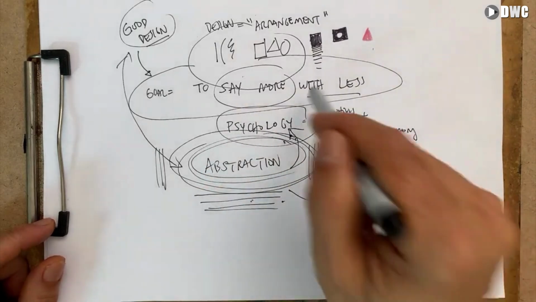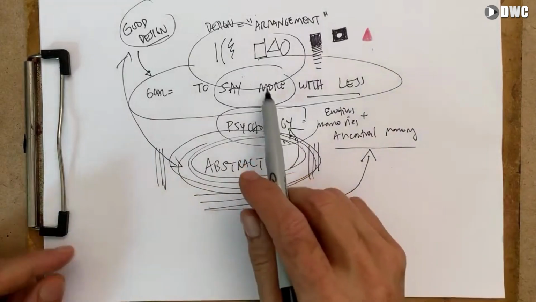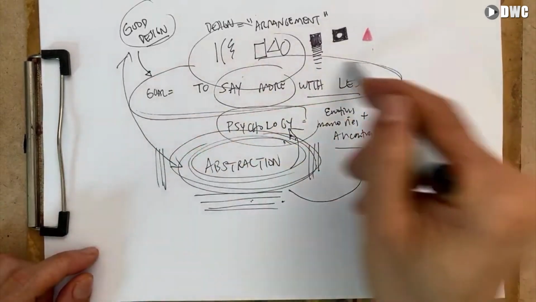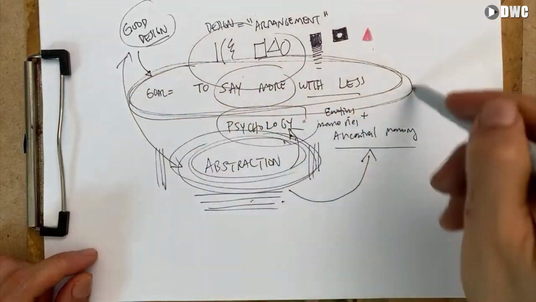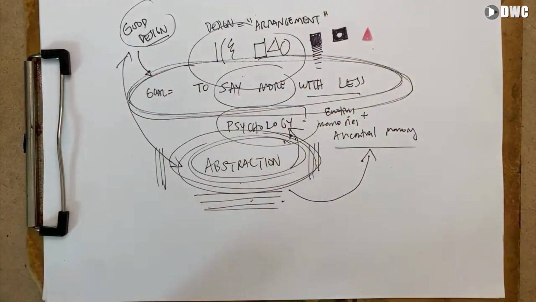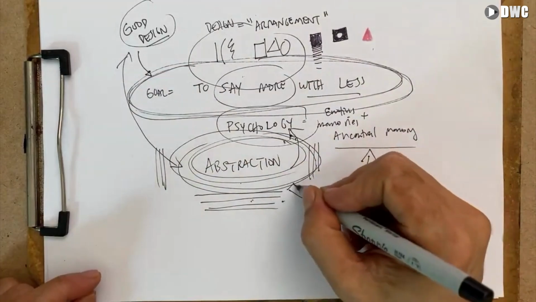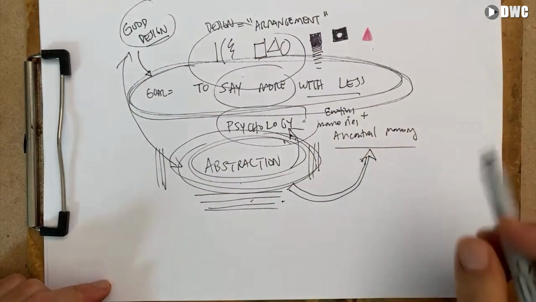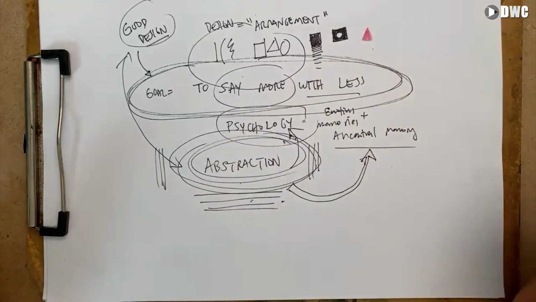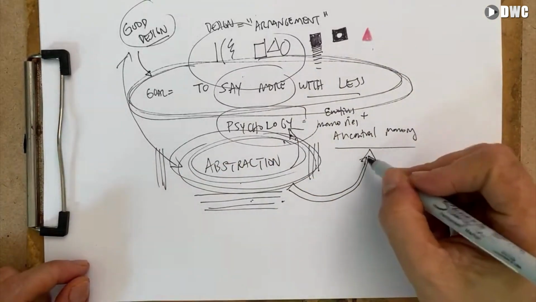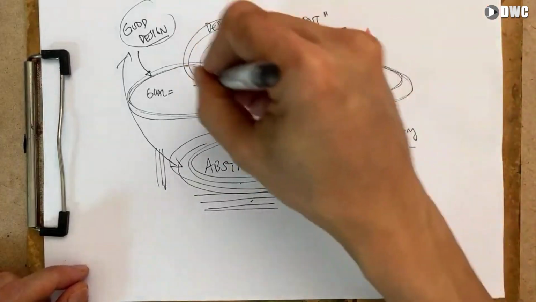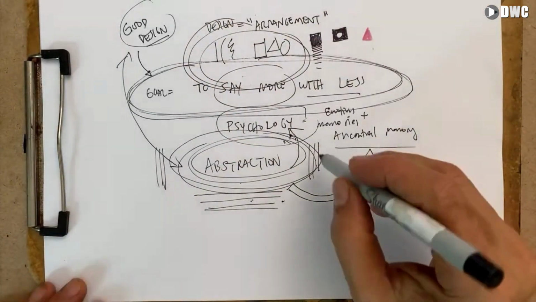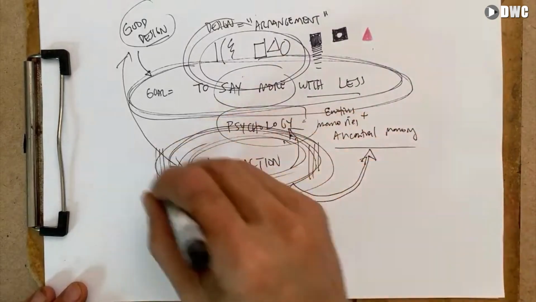And psychology is how we say more with less. So we get more punch. Basically, we get more impact with abstraction. So we first must understand how to design or compose abstractly. And that's right here, my friends. Hope that makes sense. So abstraction is the goal today.